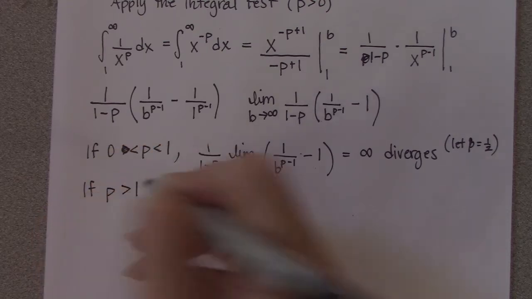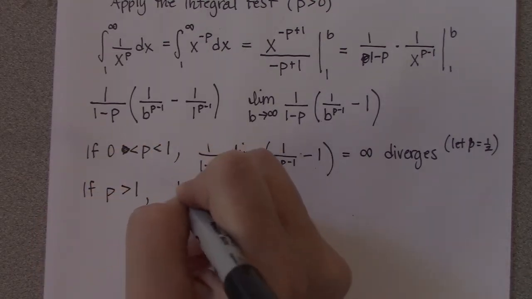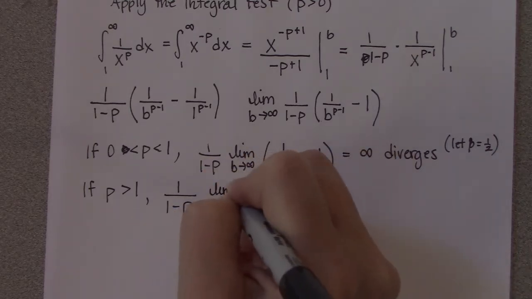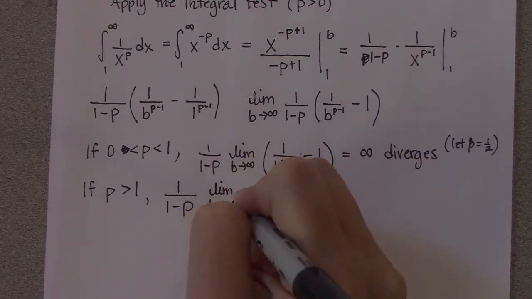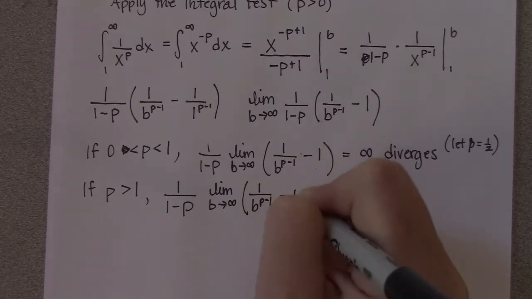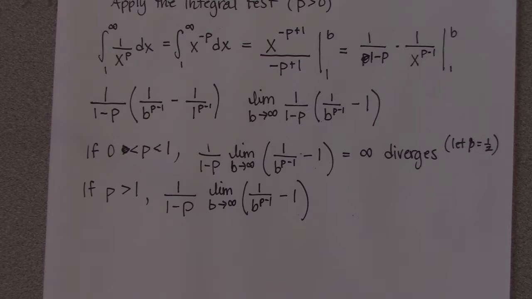If p is greater than 1, we can pick any number bigger than 1 we want, so let's just pick 2, right? Well, then you get the limit of 1 over b, right?